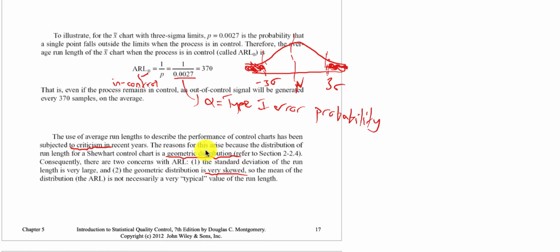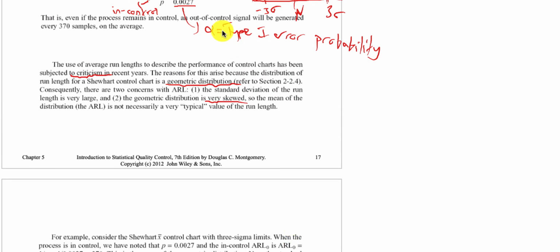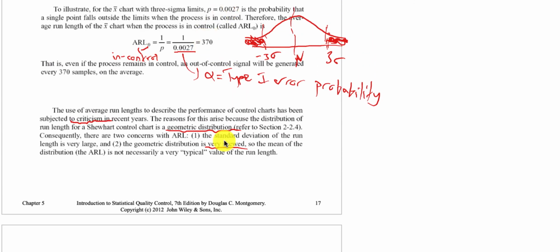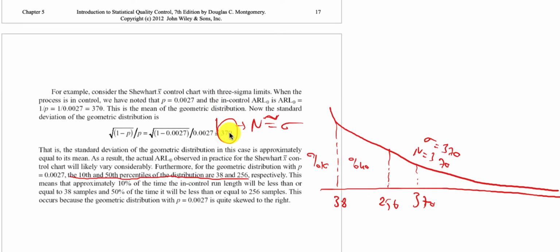In the geometric distribution we have a right skewed distribution, like that, and this is the mean value we have, 370, and the standard deviation is again 370.